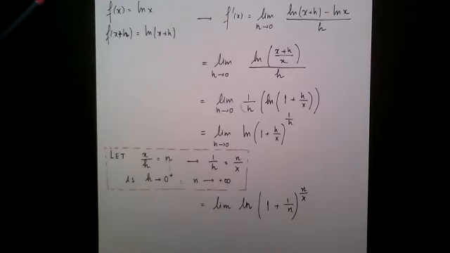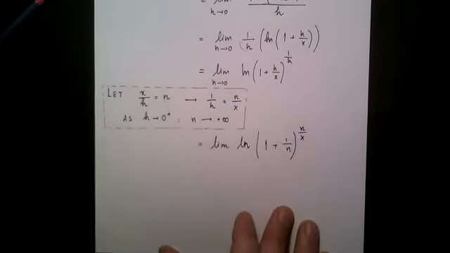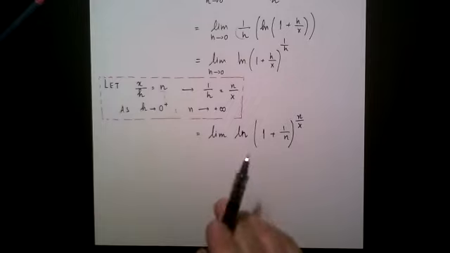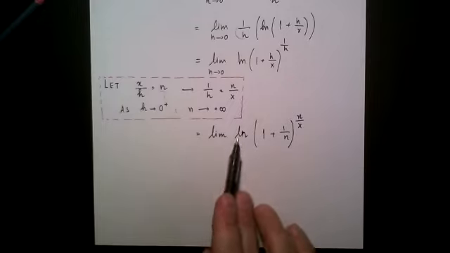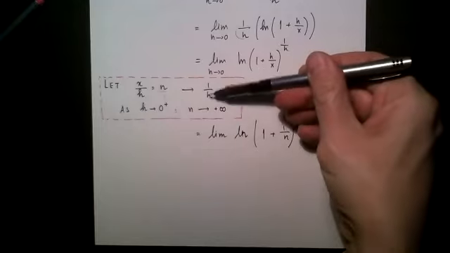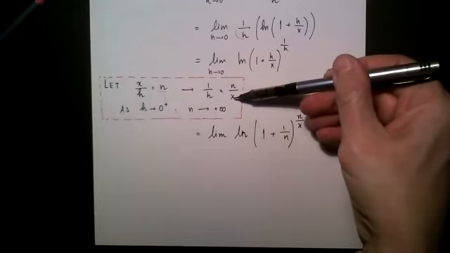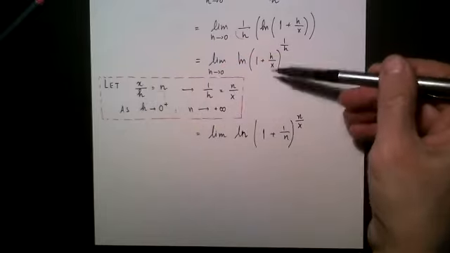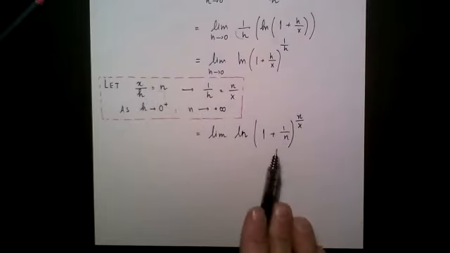Do you understand this? Anybody? Questions? Every step you have to stop me. What happened to h approaches 0? We're getting there. Good question. I just want to make sure the algebra is good. 1 over h is n over x, and x over h is n, so h over x is flipped, 1 over n.